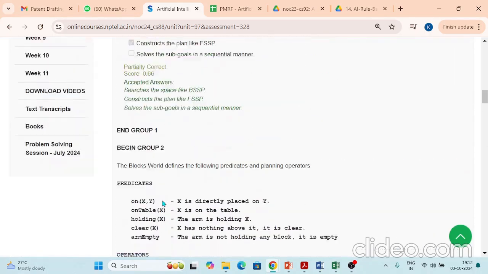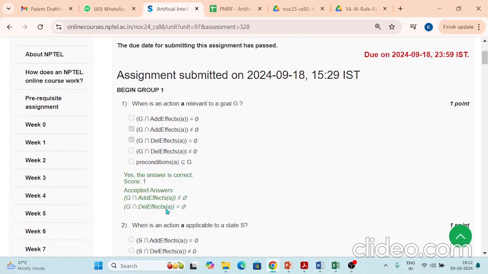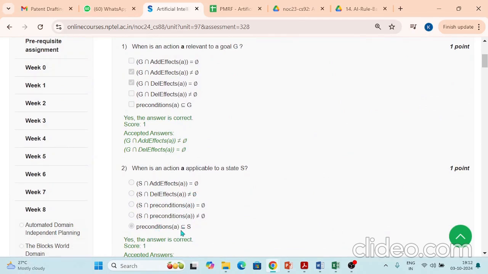You need to remember these two conditions. Whenever we consider an action applicable, the preconditions of A should be a subset of the state. When the action is relevant, the intersection of the add effects of A and the goal should not be equal to the empty set. If it is equal to the empty set, then it is not relevant.